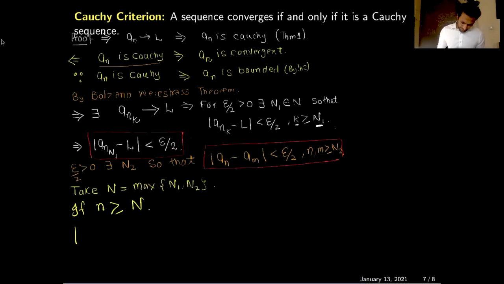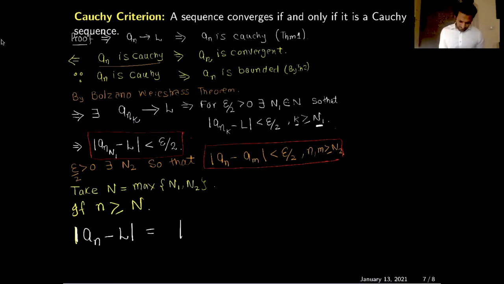I will compute the term |a_n - L|, and I will show that if little n is bigger than or equal to capital N, this term is less than epsilon.